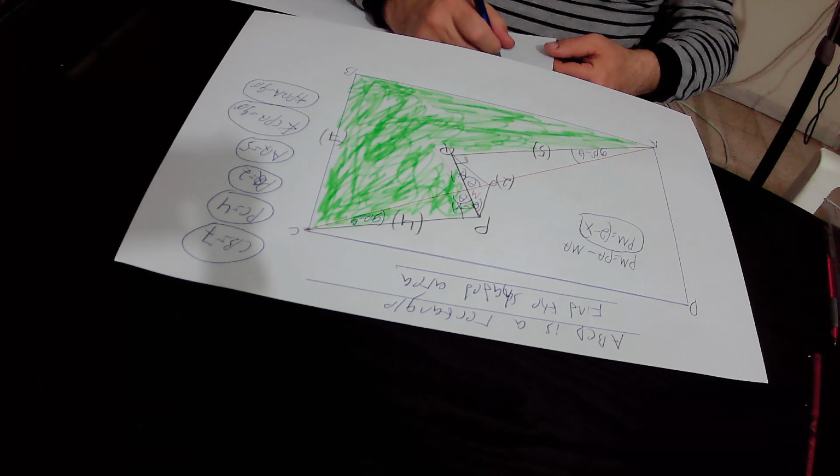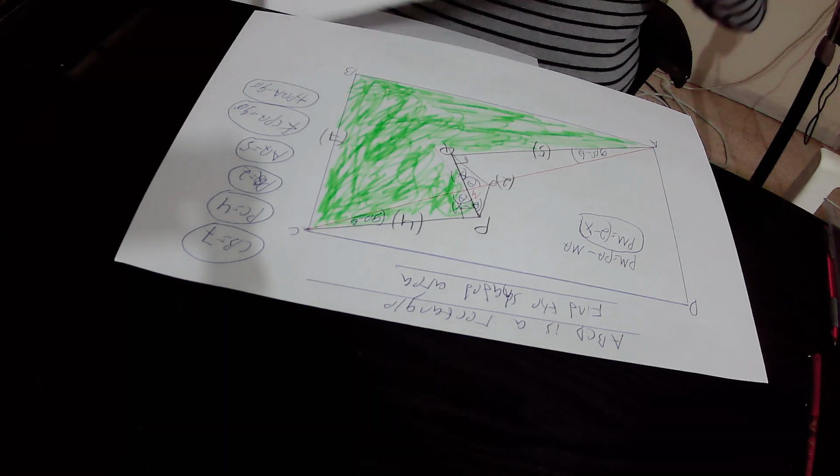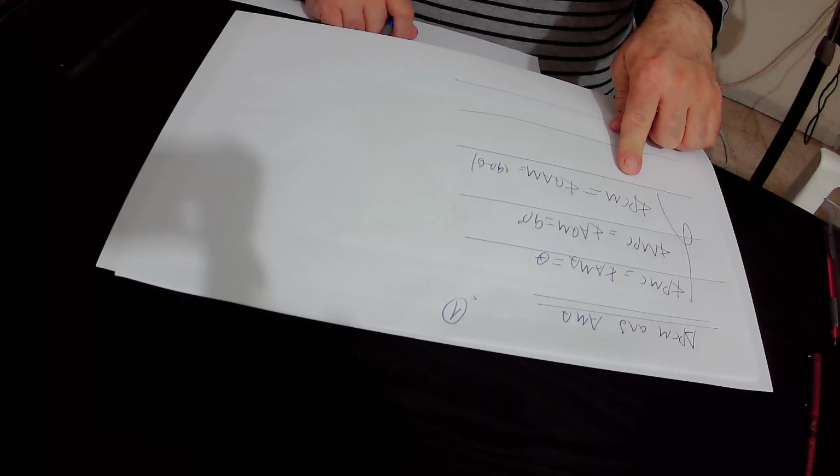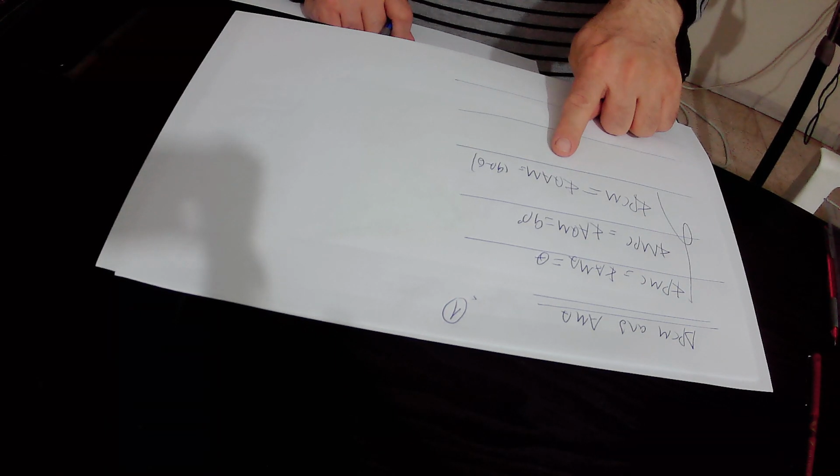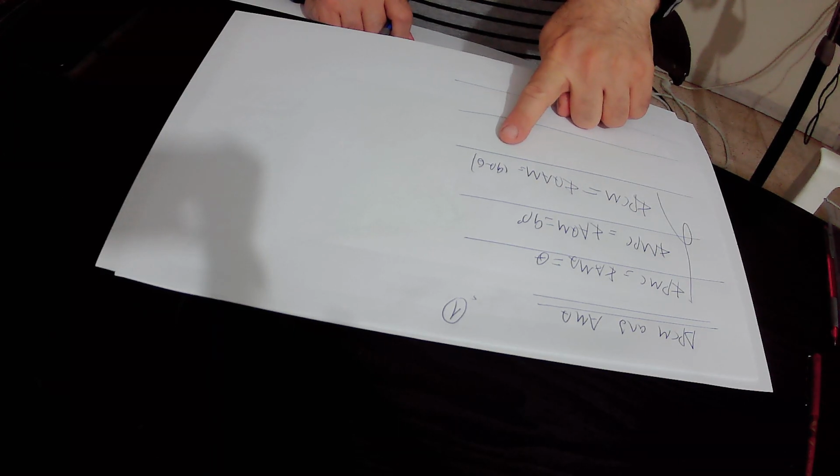Repeating again, angle PCM in the right triangle PCM equals angle QAM in the right triangle AMQ. They are both equal to 90 degrees minus theta, therefore they are equal to each other.